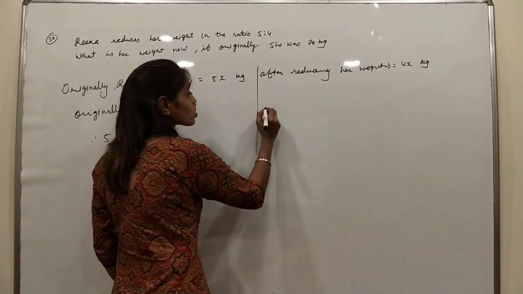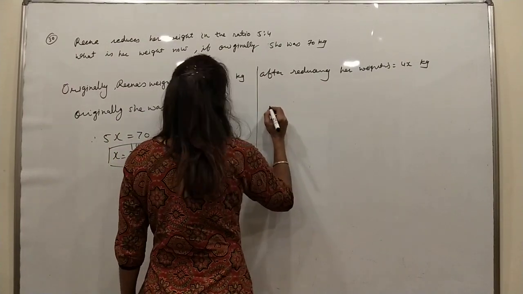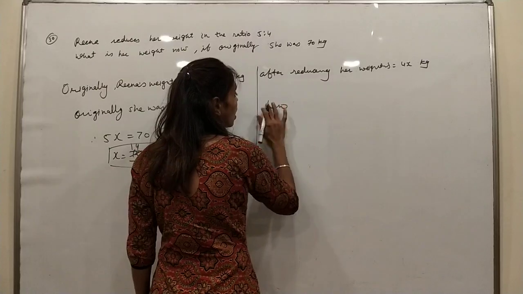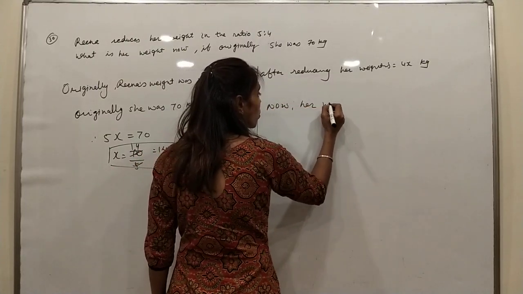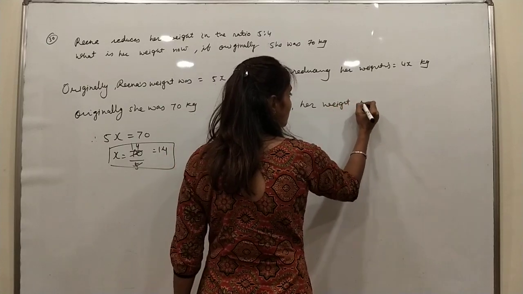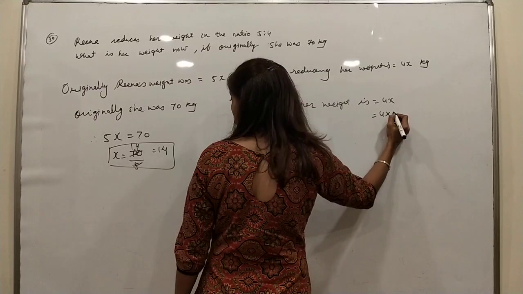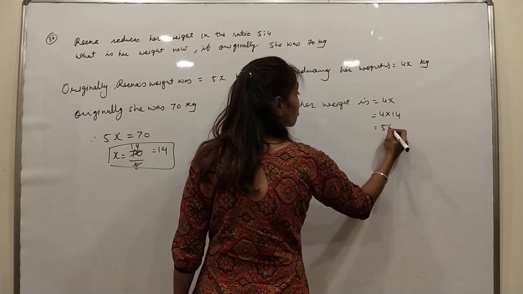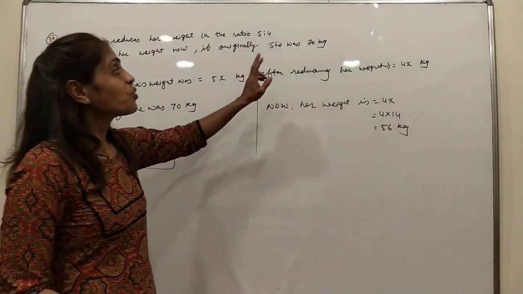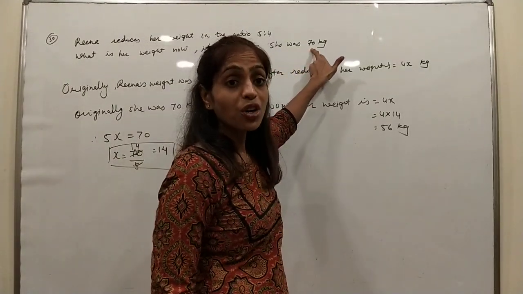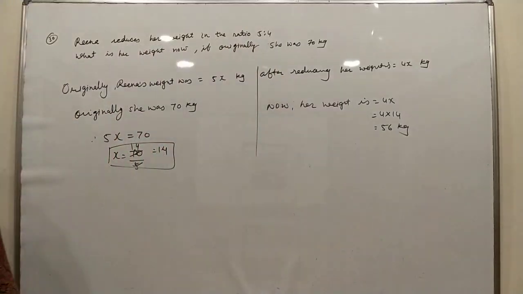So what is her weight now? Her weight is 4x, that is 4 into 14, that is 56 kg. Okay, initially she was 70 kg, but after reducing her weight is 56 kg.